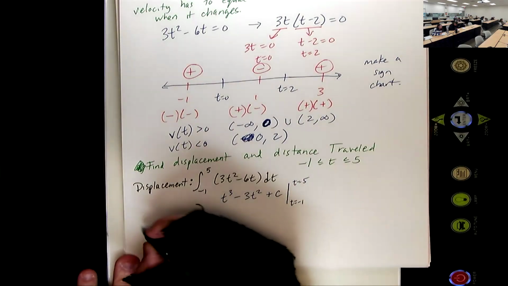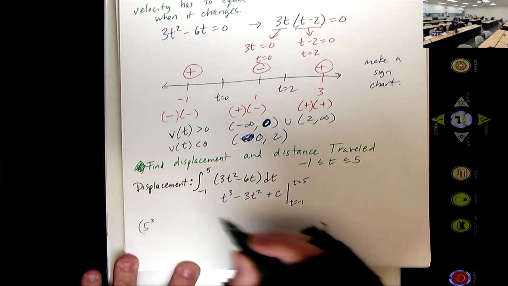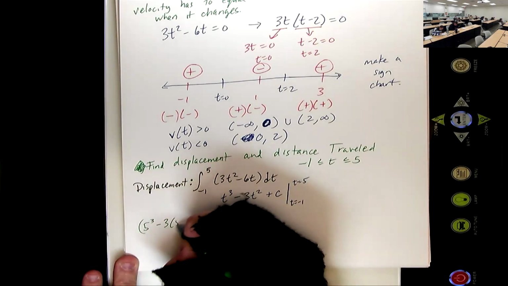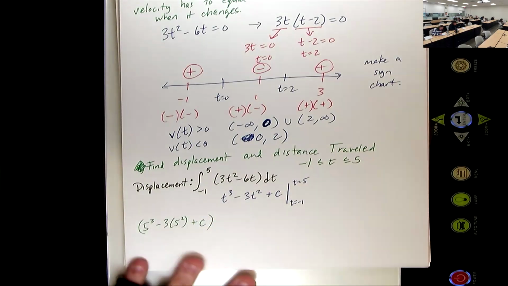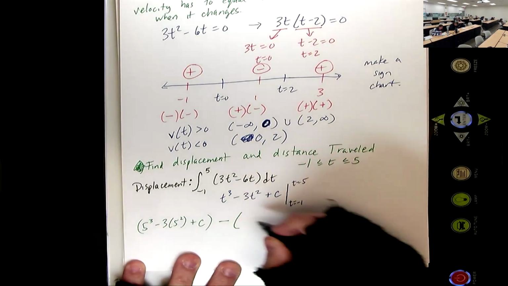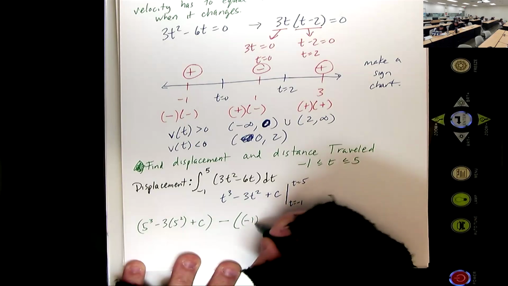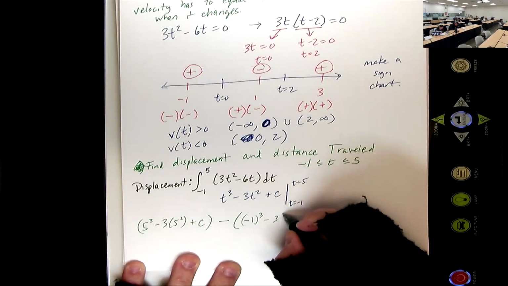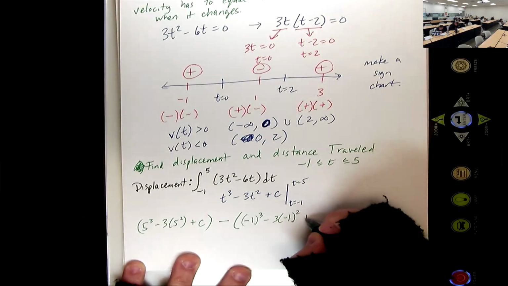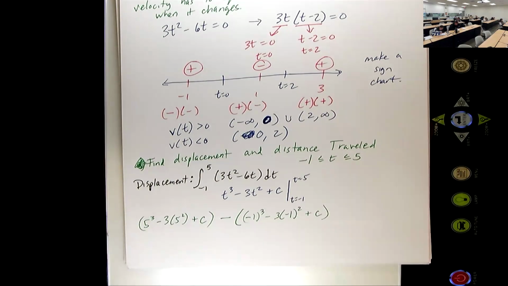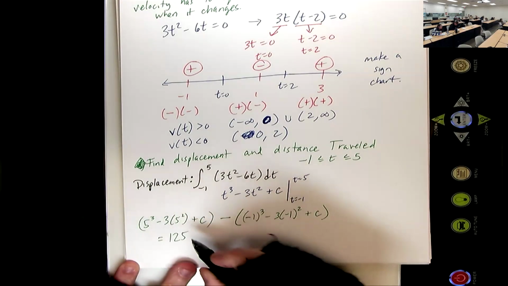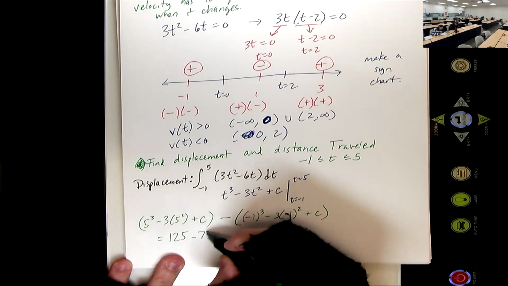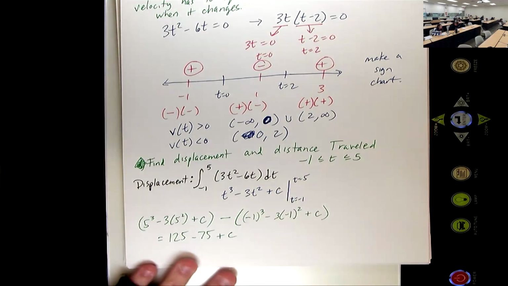So I've got 5 cubed minus 3 times 5 squared plus c, minus, -1 cubed minus 3 times -1 squared plus c. This is 125 minus 75 plus c.